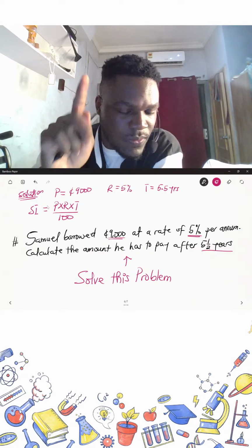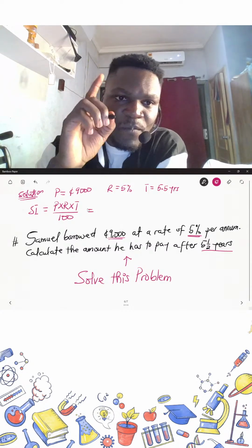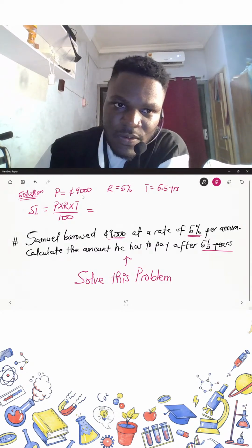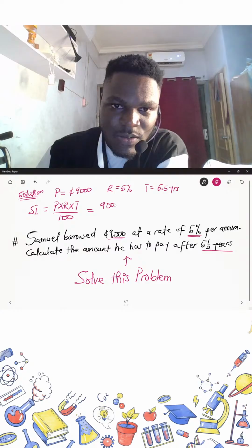Right, I think so. All right, good. So from here, the principal P is the 9,000, so I write the 9,000 over here.